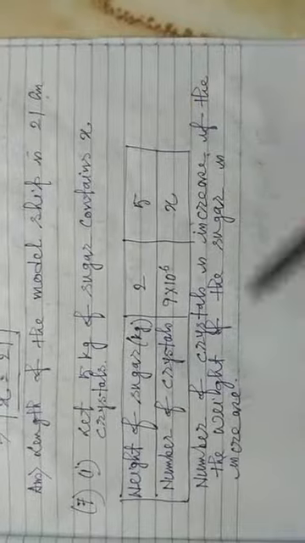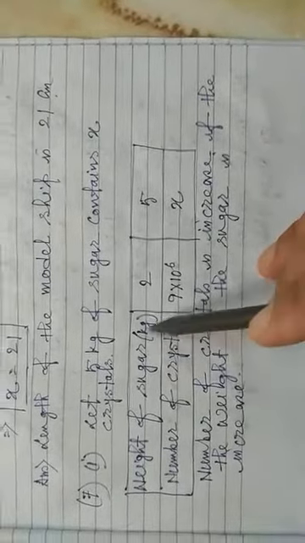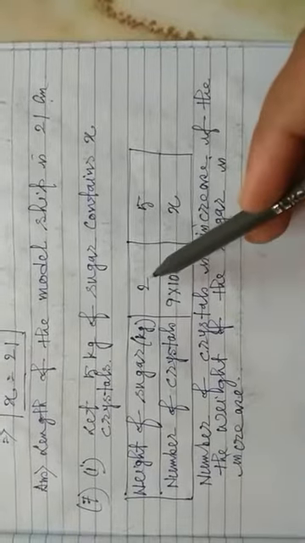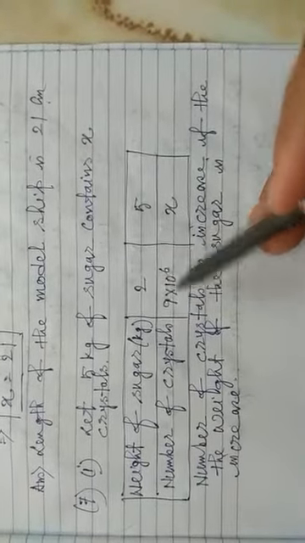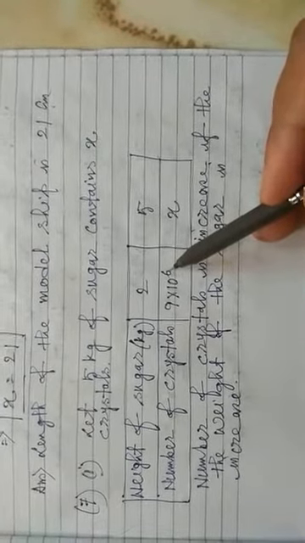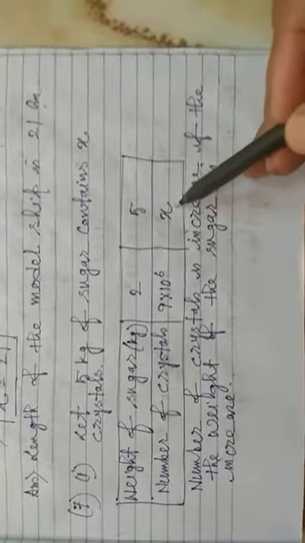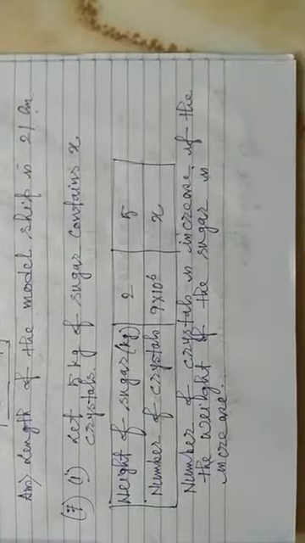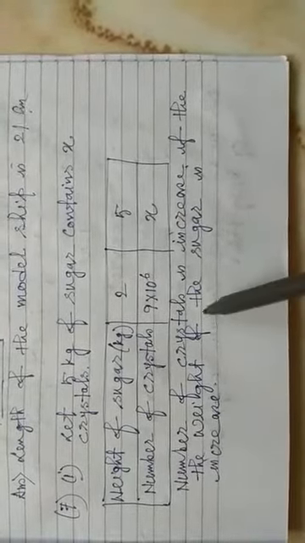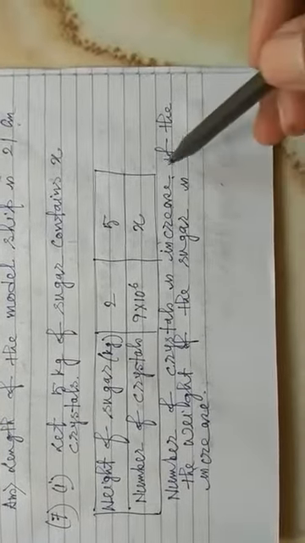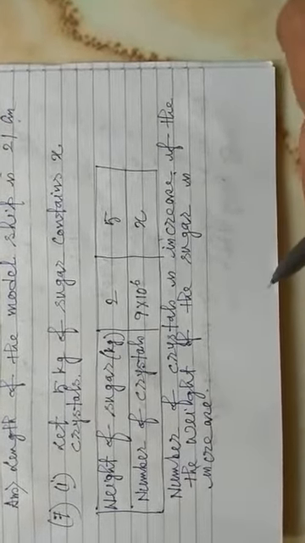So this is the table: weight of the sugar in kg and number of crystals. First, it is given 2 kg sugar contains 9 into 10 to the power 6 sugar crystals. Let 5 kg sugar contain x sugar crystals. The number of crystals increases or decreases if the weight of the sugar increases or decreases respectively.